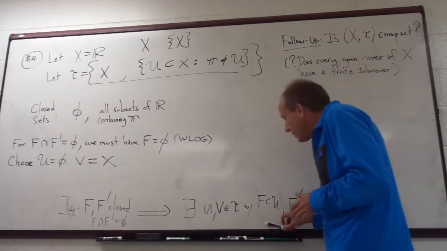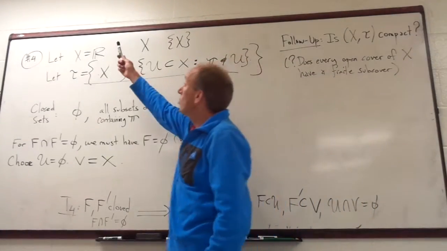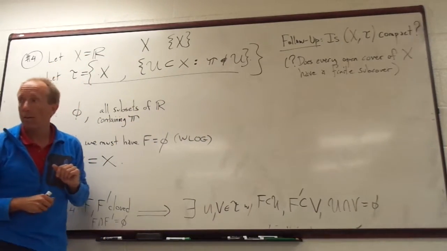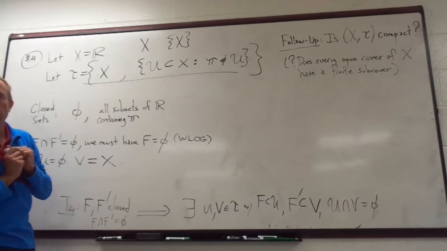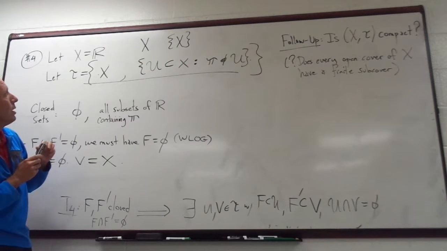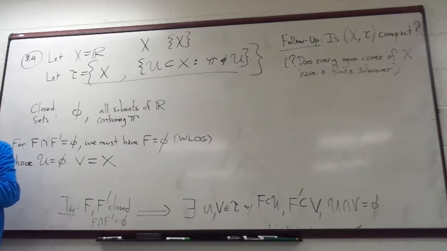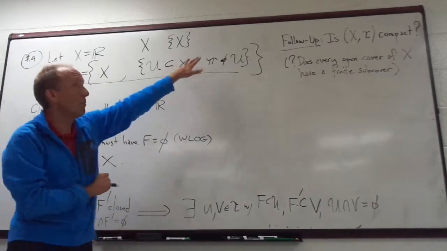Okay, so let's think about open covers of the real numbers. We're trying to cover all real numbers only with open sets. We can only use the open sets right now. So, here they are. Is there anything you'd be able to say about what has to be in an open cover of the real numbers using these open sets?